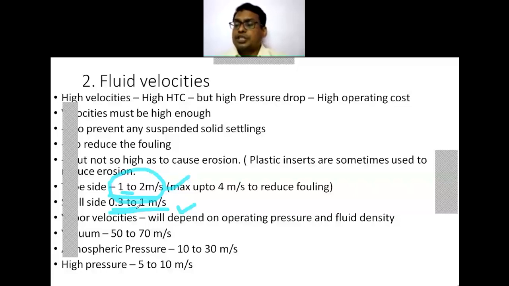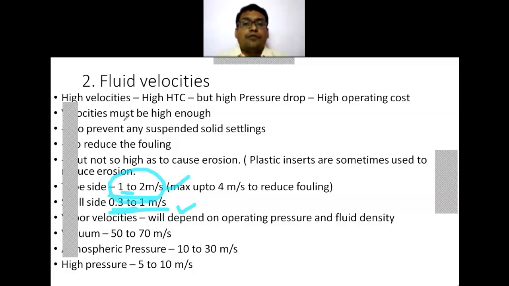Whenever the pressure drop is higher, that means my operating cost is more. So while considering the operating cost, one has to look into the matter related to the velocities.